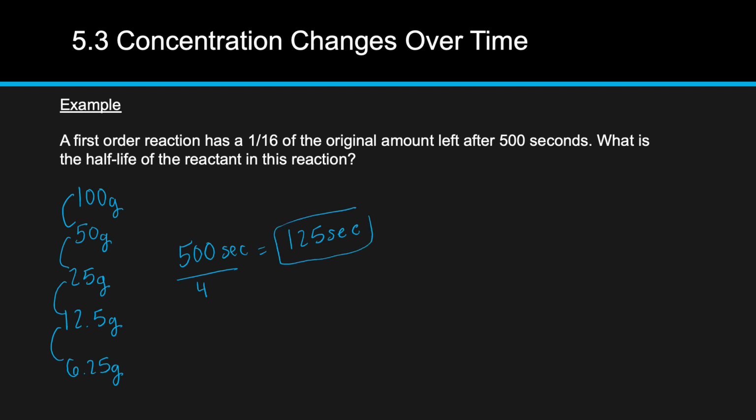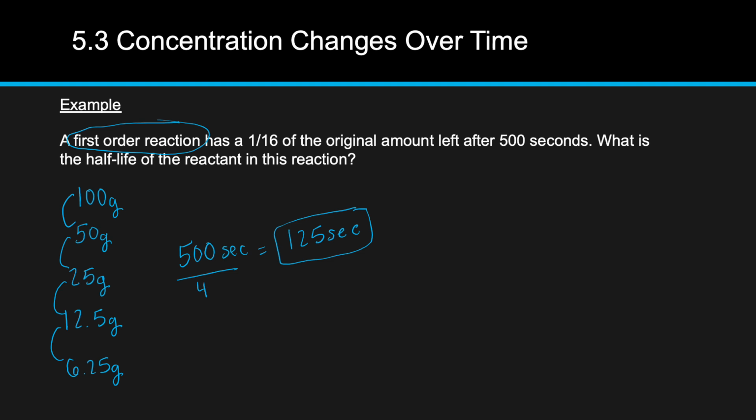Now, you could do it based on logic like we just did, or you could do it with math as well. So we know that this is a first order reaction, which means the half-life is constant. So every single time you take your reactant and you divide it in half, it's going to be the exact same amount of time for every single half-life.